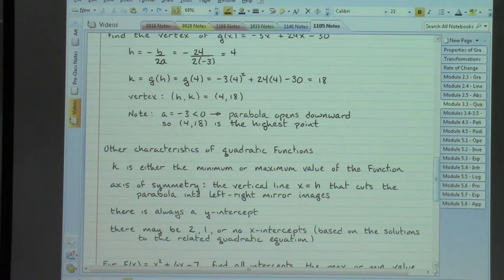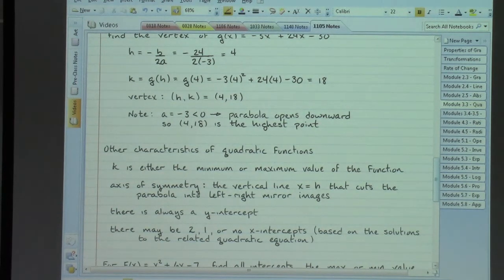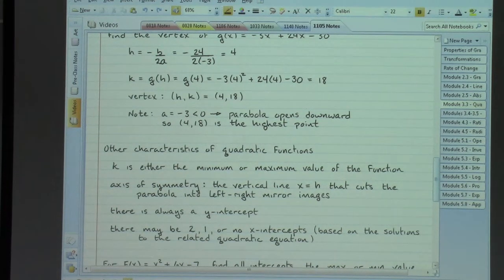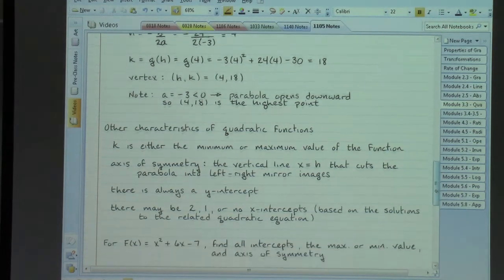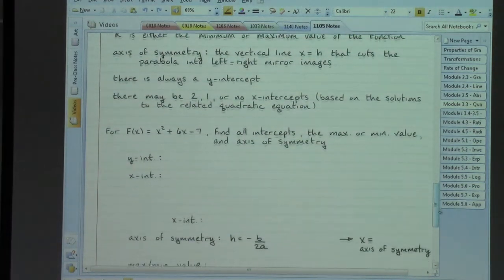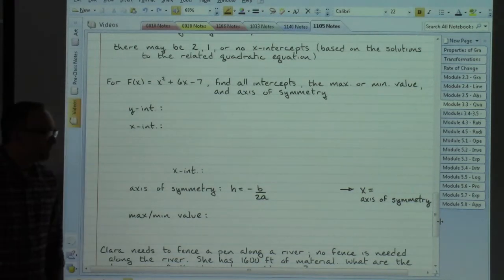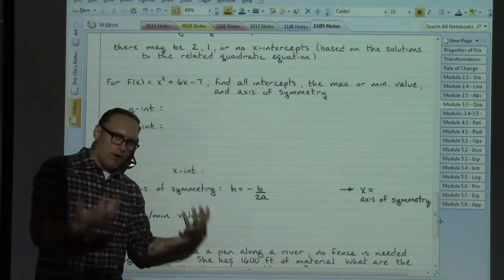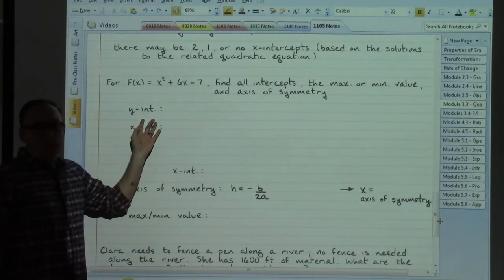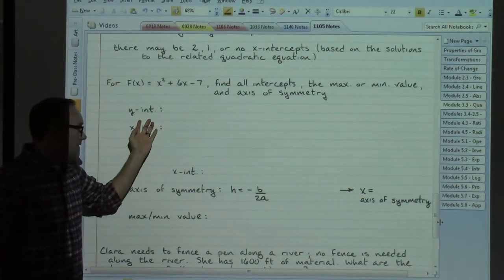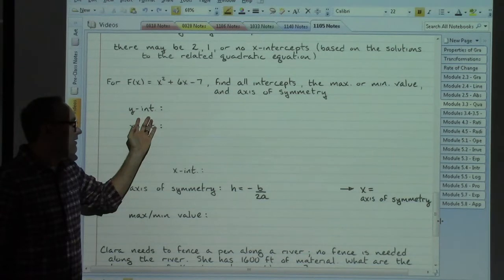Just to wrap some of that together and put a different spin on our vertex information, let's look at an example here that asks about intercepts, max or min value, and the axis of symmetry. So we can start with stuff that we are already familiar with, and we might want to start with the least amount of effort.